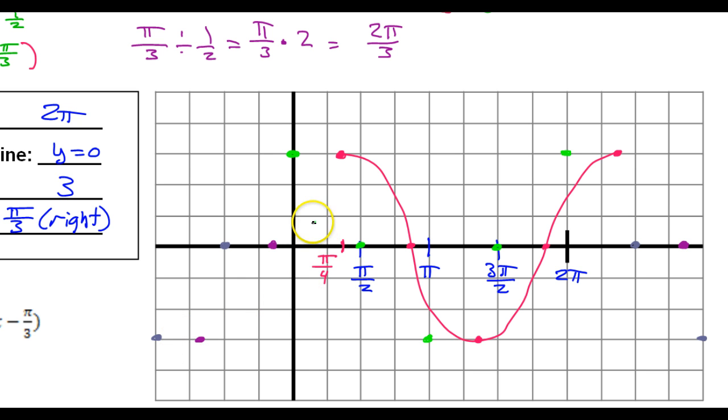So these purple points are extending my graph as far as I can fit. So I'm just going to go ahead and use the extension. Okay, and there it is. That's as much as will fit.